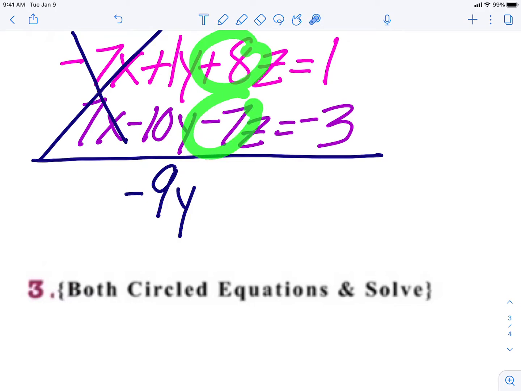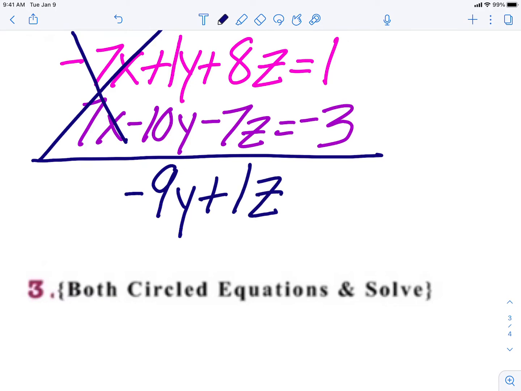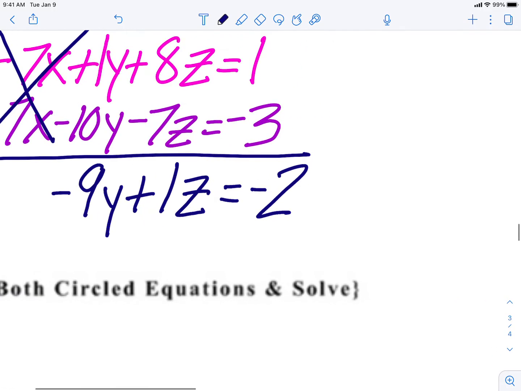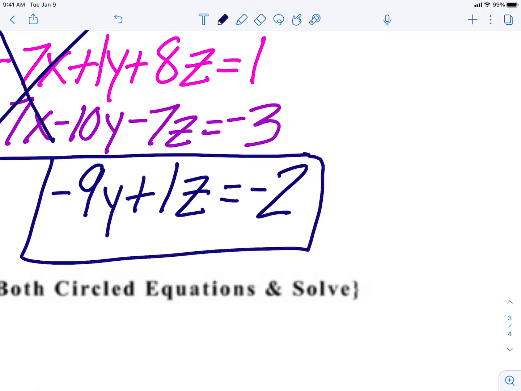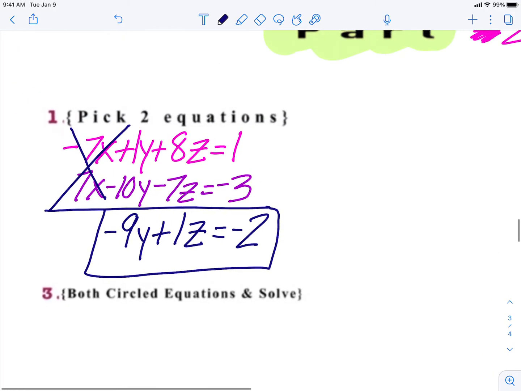Positive 8 and negative 7, subtract, 8 minus 7 is 1, positive 1z because 8 is bigger. Equals 1 and negative 3, different signs. 3 minus 1 is 2, negative 2 because 3 is bigger. And look at that, I get that equation right there. Perfect.